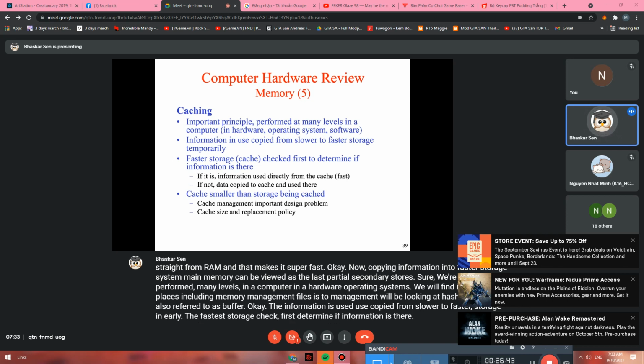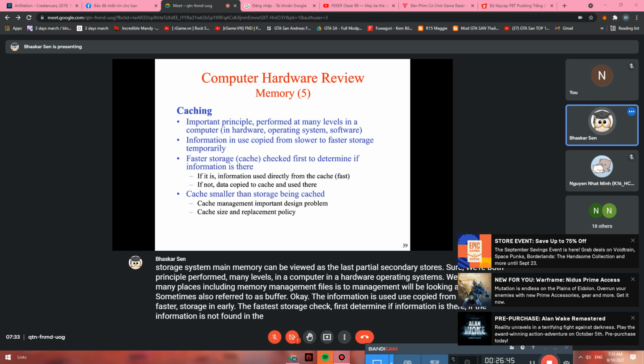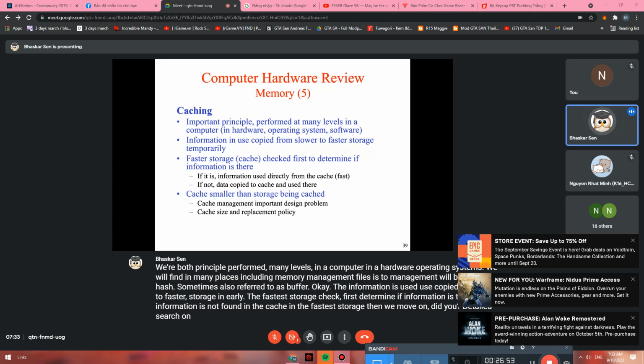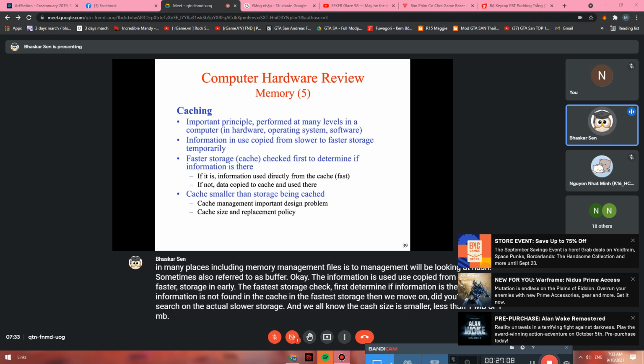If the information is not found in the cache, in the faster storage, then we move on to do a detailed search on the actual slower storage. We all know the cache size is smaller, less than 1 MB or 1 MB. So naturally, they keep pushing things in and out randomly.